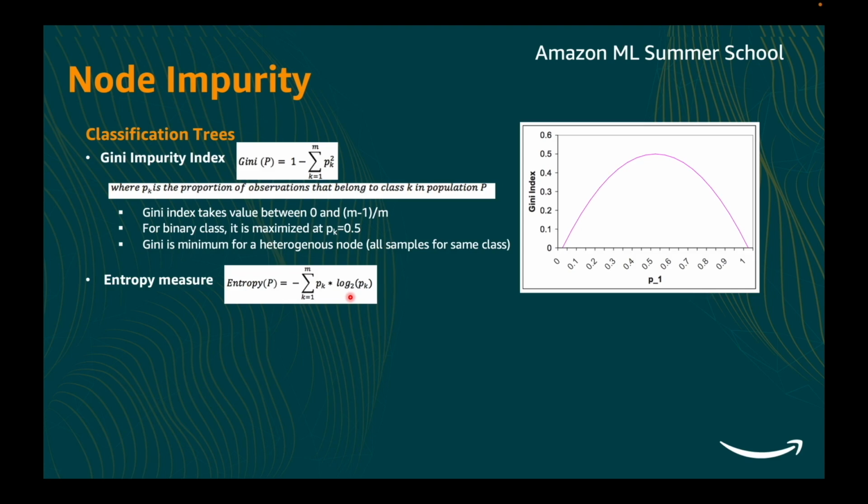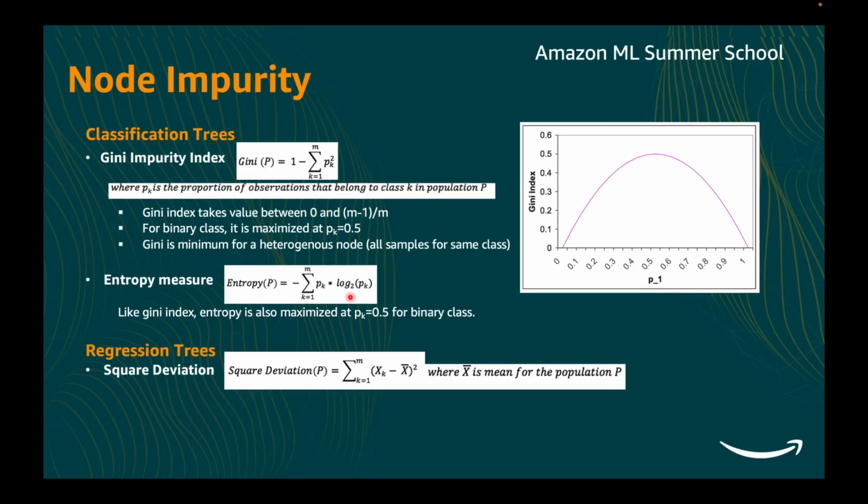This is used to, like I mentioned before, determine how do I actually split these, and which is the best split. So these are for classification trees. For regression trees, you can use a square deviation, which is basically you take each value, you subtract the mean, you square it, and you calculate this. This is basically your squared error, right? And you do this for each node very similarly to how you calculate your Gini impurity.